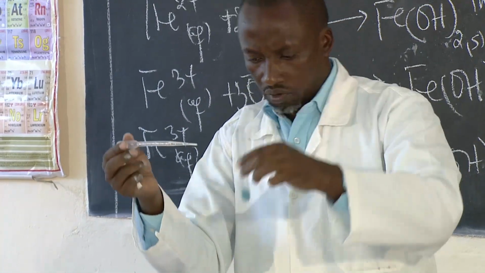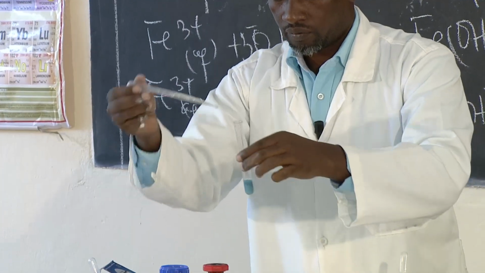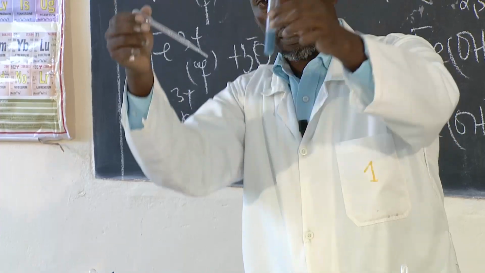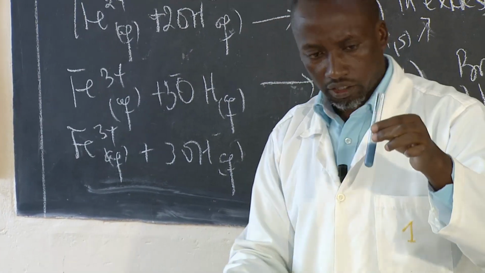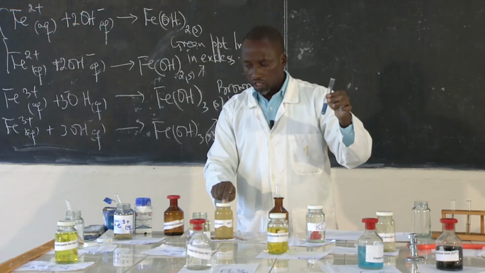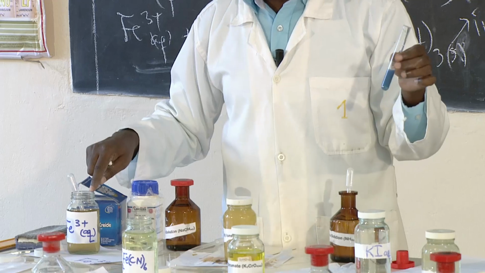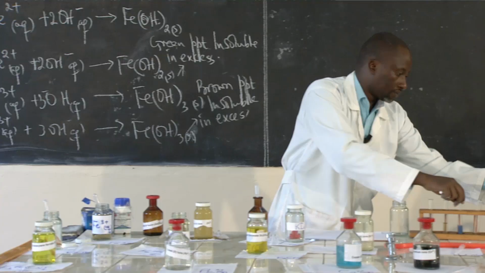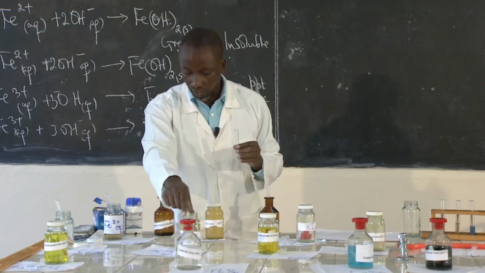This looks like a blue precipitate. This is a blue precipitate with iron 2. And then let's check what happens with iron 3. The same hexacyanoferrate 2.